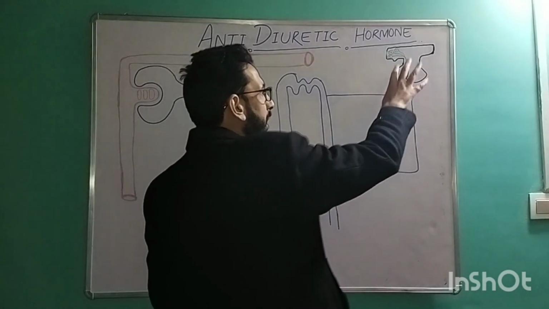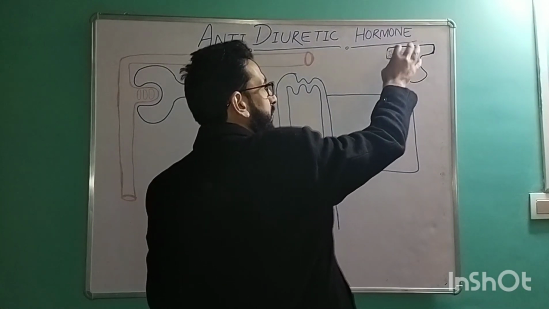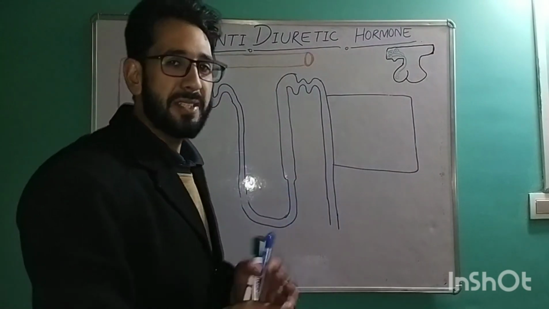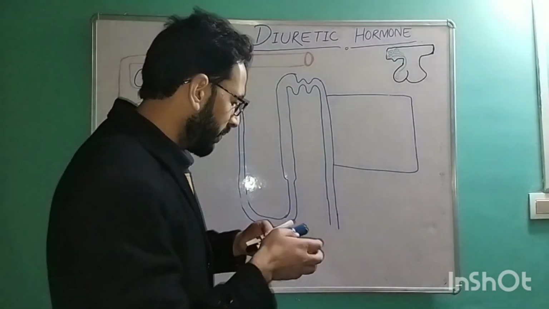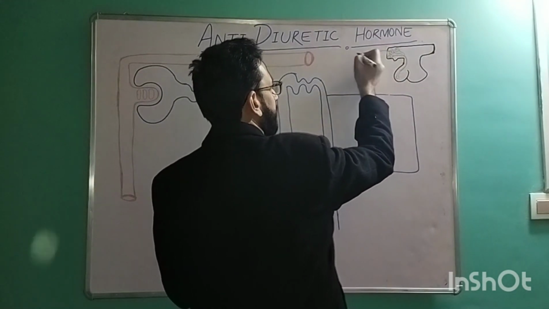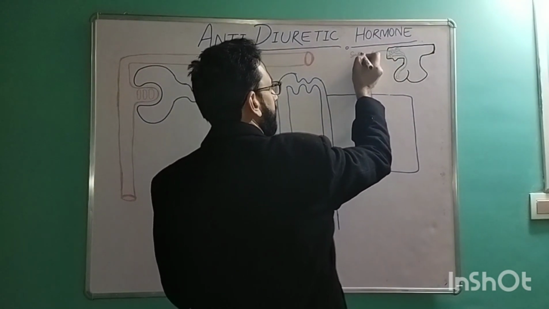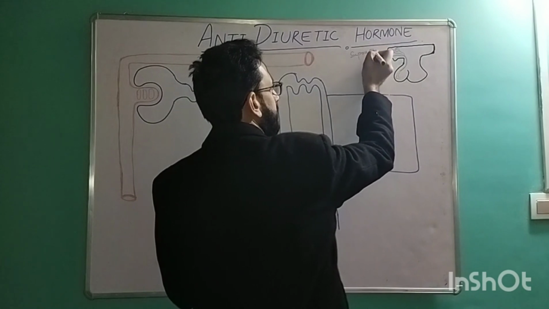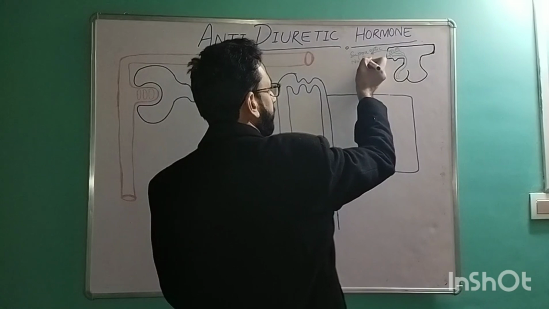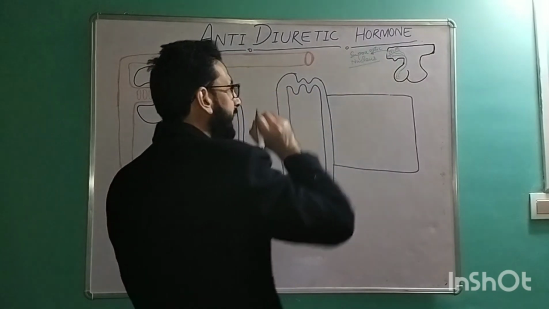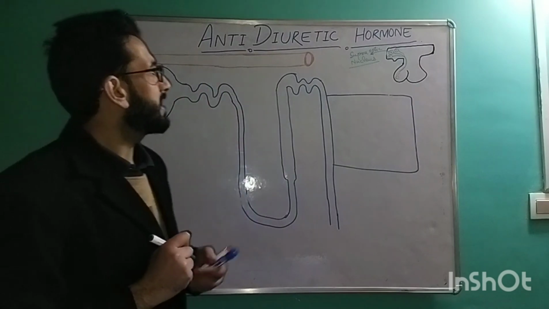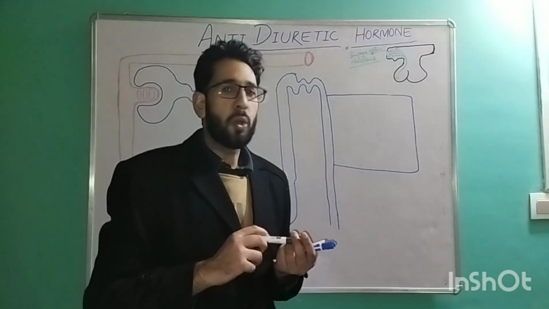The hypothalamus contains different nuclei, and one of the nuclei we have seen is called the supraoptic nucleus. This supraoptic nucleus is the one which is actually synthesizing this antidiuretic hormone.